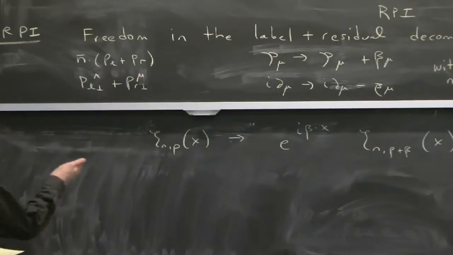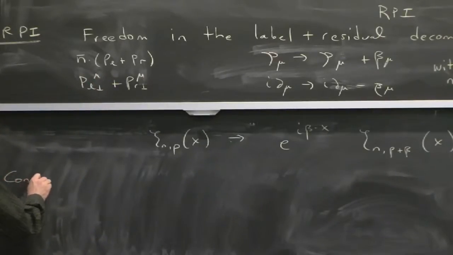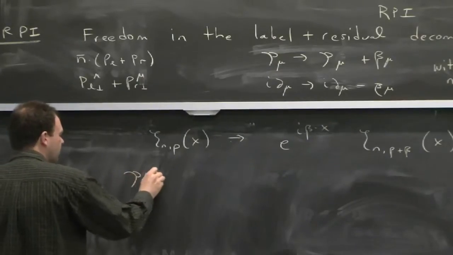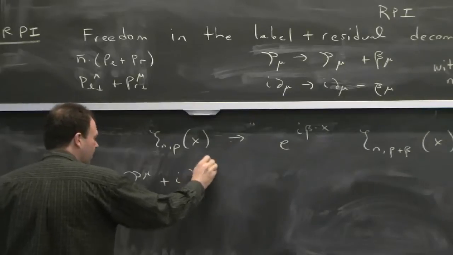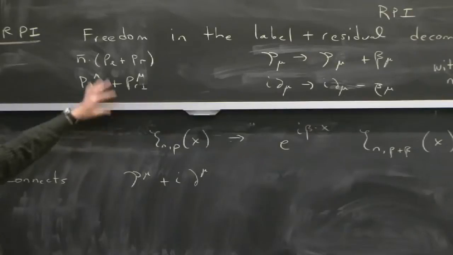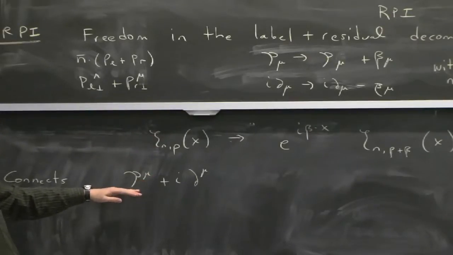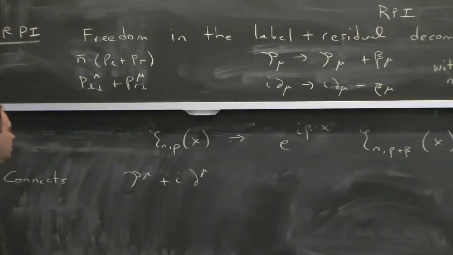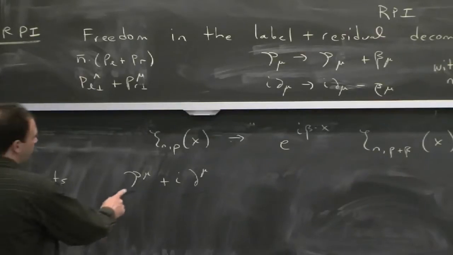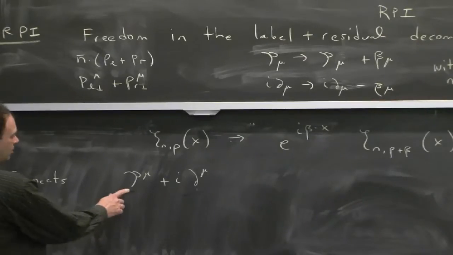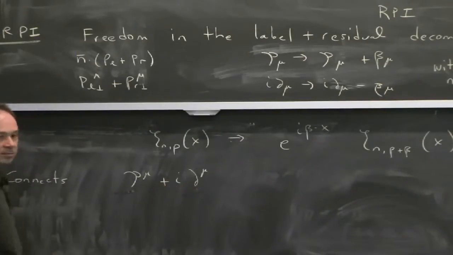But basically, what this freedom does is connect the derivatives to each other. It does something very simple, so after you know what it does, it's simpler just to say what it does and forget about thinking of it as a transformation. It simply connects the label operator to the label operator plus the derivative operator. But these two have different orders in the power counting. And so what this will do is connect things that are leading order to things that are subleading order, for example.